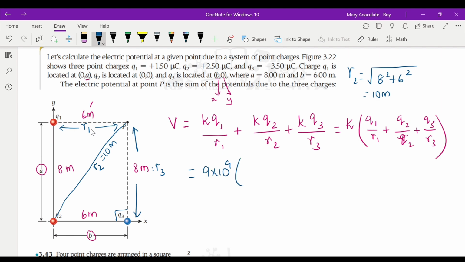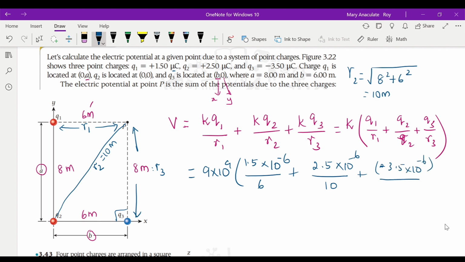So Q1 is 1.5 times 10 to the power of negative 6, microcoulomb, you all know the conversion, over R1, which is 6, plus Q2 is 2.5 times 10 to the power of negative 6 over R2, which is 10 meters we have found, plus Q3 is negative 3.5 times 10 to the power of negative 6 over R3, which is 8 meters.